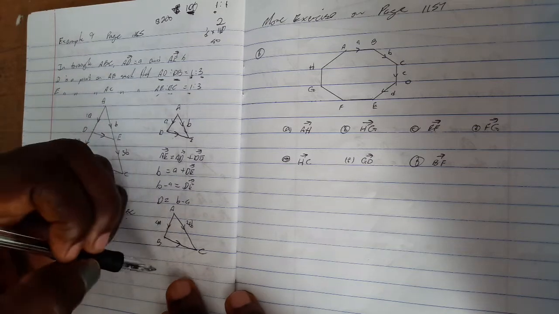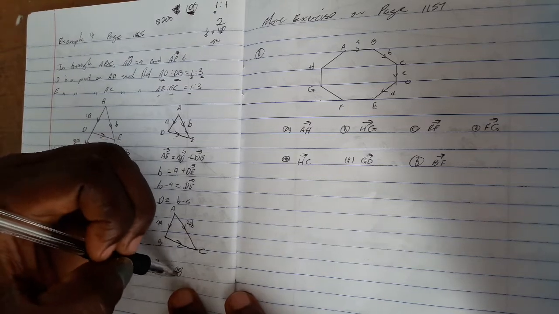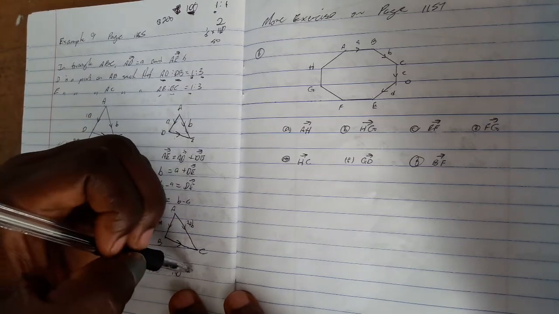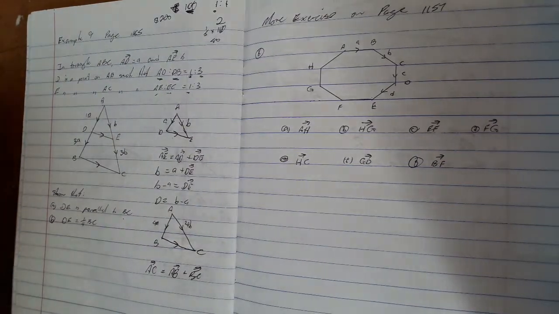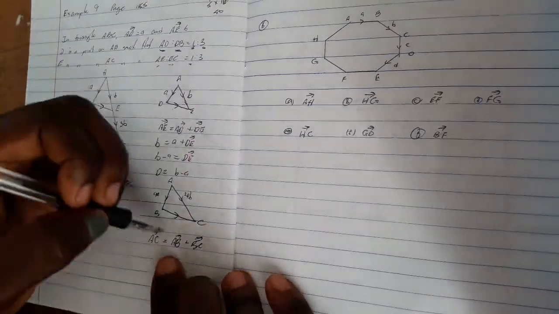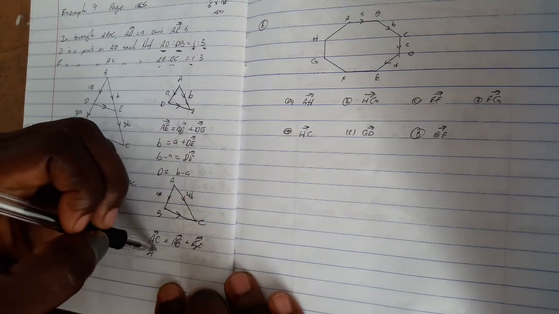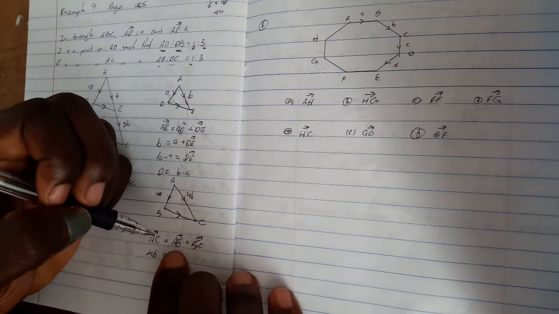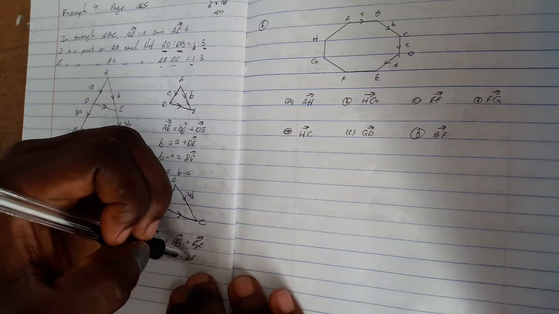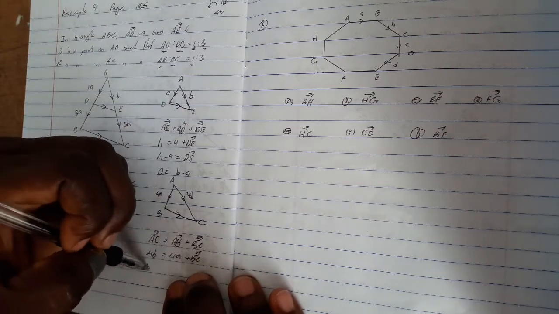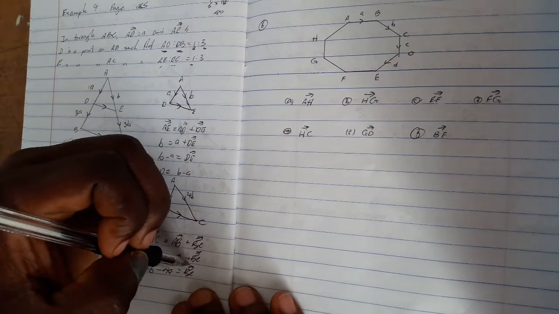These two are going in the same direction, so AC is the resultant vector. The resultant vector is equal to the sum of the other two vectors. So AC, 4B, is equal to AB, 4A, plus BC. And this comes over, becomes 4B minus 4A is equal to BC.